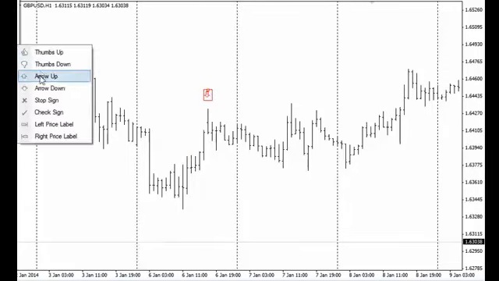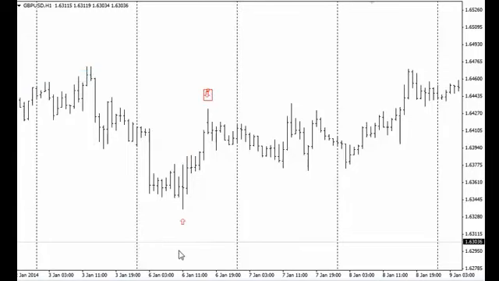Then what we're going to be doing is start identifying the patterns of the lowest low and the highest high. Lowest low, highest high, lowest low, highest high, and so on. To make it easier, identify the highest point of the session, which is between these two session bars right there, and the lowest point.